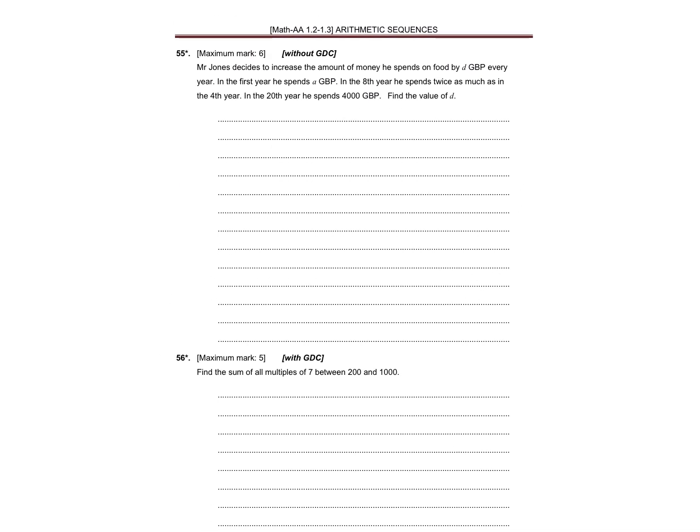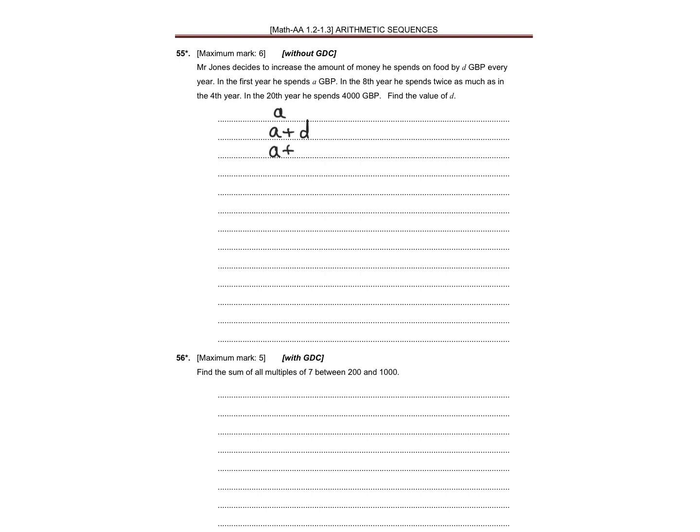All right, Mr. Jonas decides to increase the amount of money he spends on food by d every year. In the first year he spends a. In the 8th year he spends twice as much as in the 4th year. Okay, sorry for this one. So we have in the first year a. In the second year he adds d.